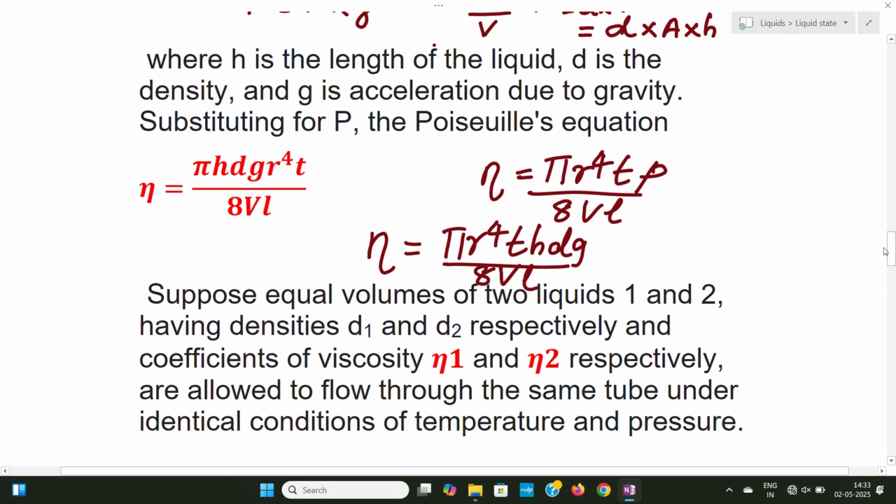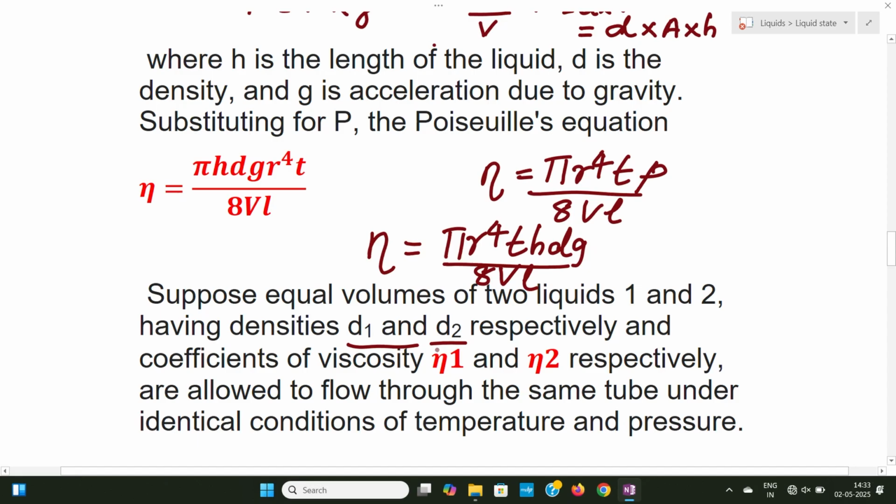Suppose we have equal volumes of two liquids, 1 and 2, and the densities are D1 and D2, and the coefficients of viscosity are eta 1 and eta 2.